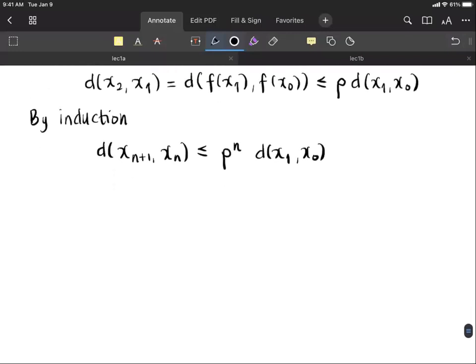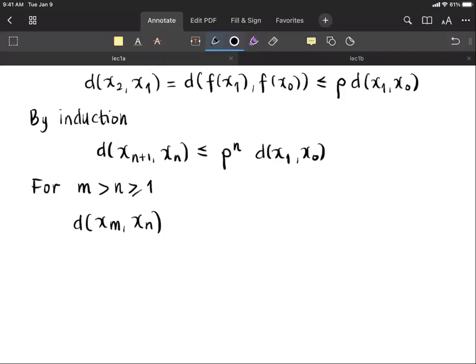Knowing this, or having an estimate between distances of consecutive terms of the sequence, we can now estimate the distance between any two points of the sequence. So suppose, without loss of generality, that m is larger than n and n is greater than or equal to 1.